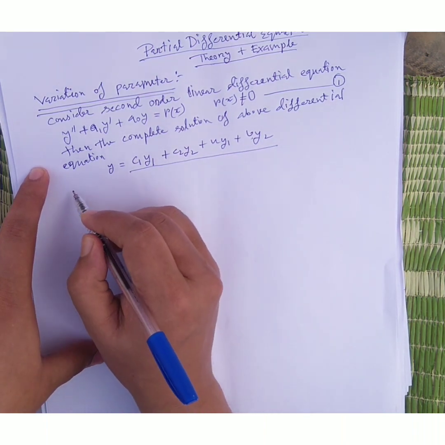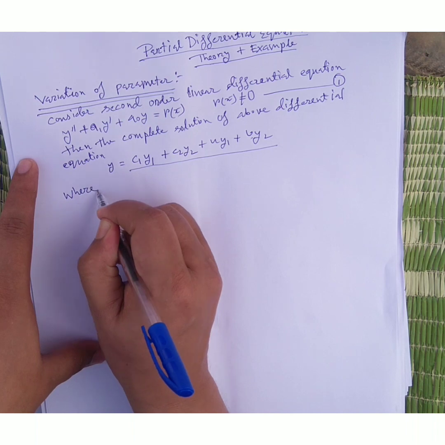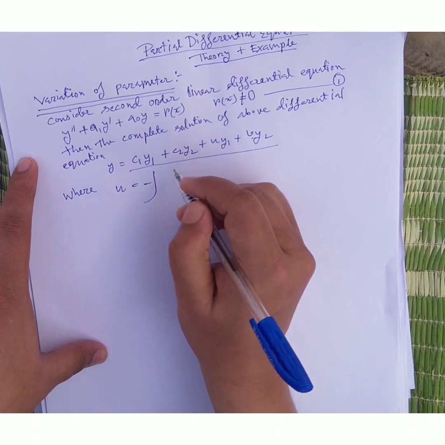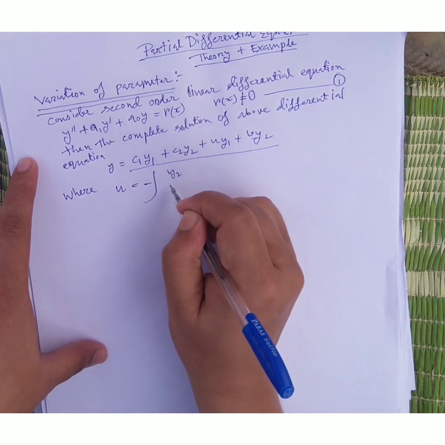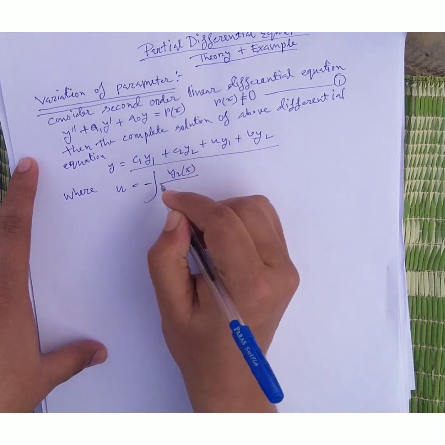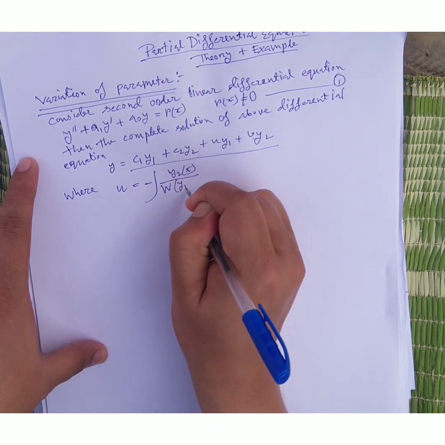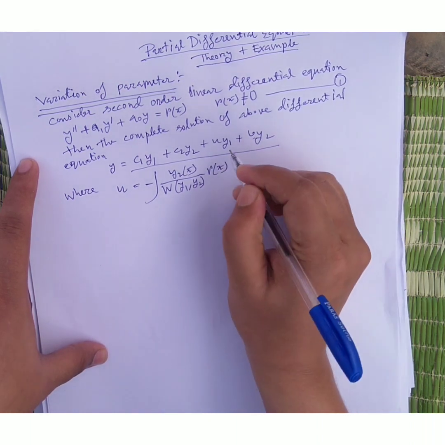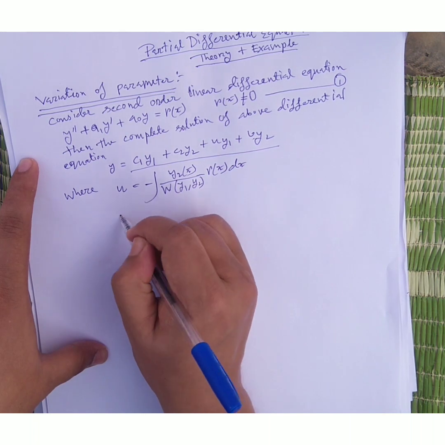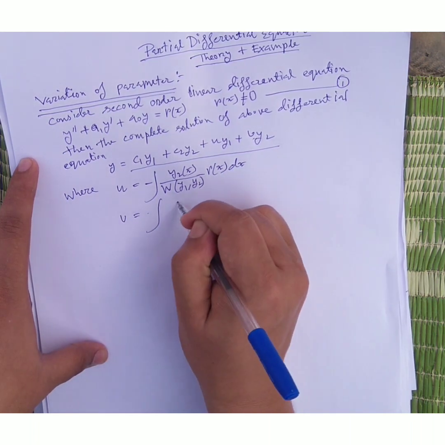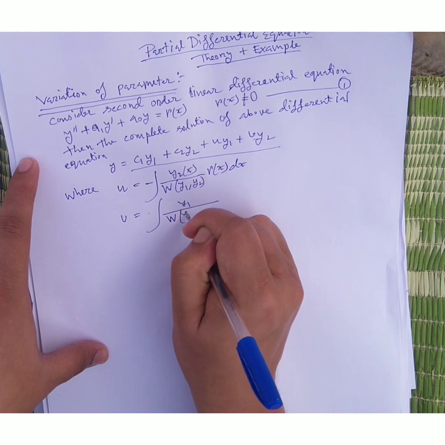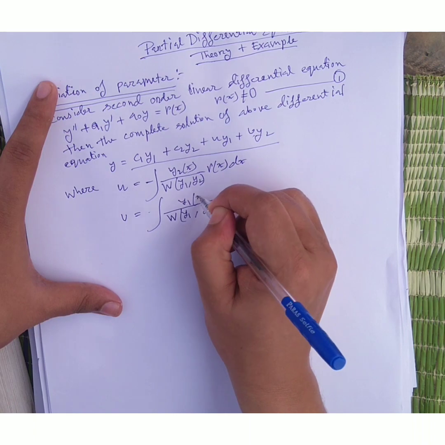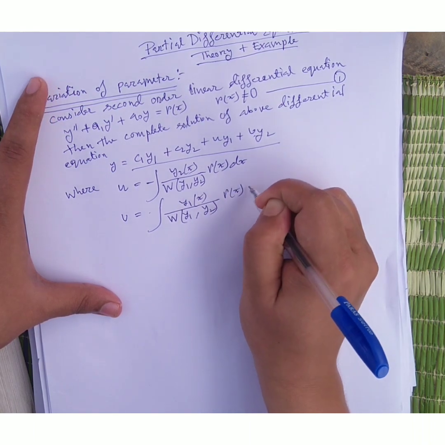So friends, where u is equal to minus the integral of y2(x) R(x) divided by W(y1, y2) dx, and v is equal to the integral of y1 R(x) divided by W(y1, y2) dx.